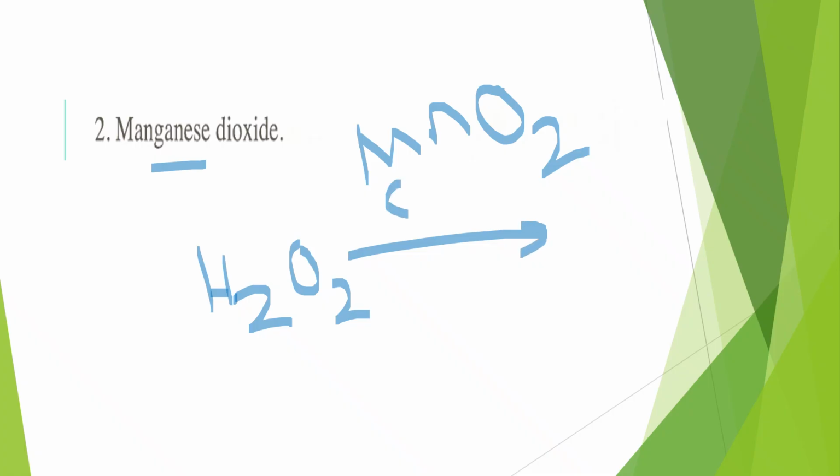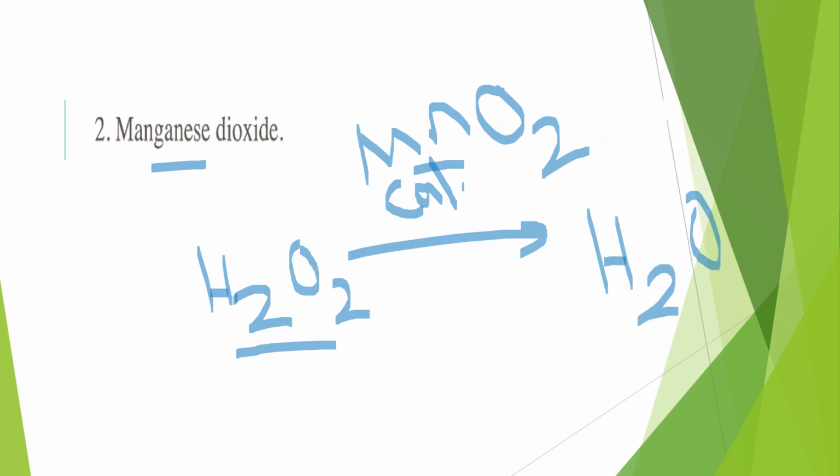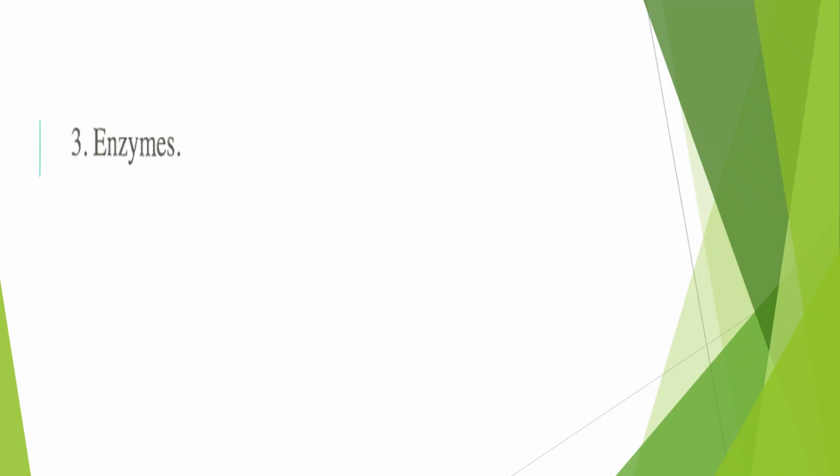So we have MnO2 as a catalyst. It helps in the decomposition of hydrogen peroxide into water and oxygen gas. So what is the importance of manganese dioxide? It is a catalyst, helps in the decomposition of oxygen water into oxygen and water.